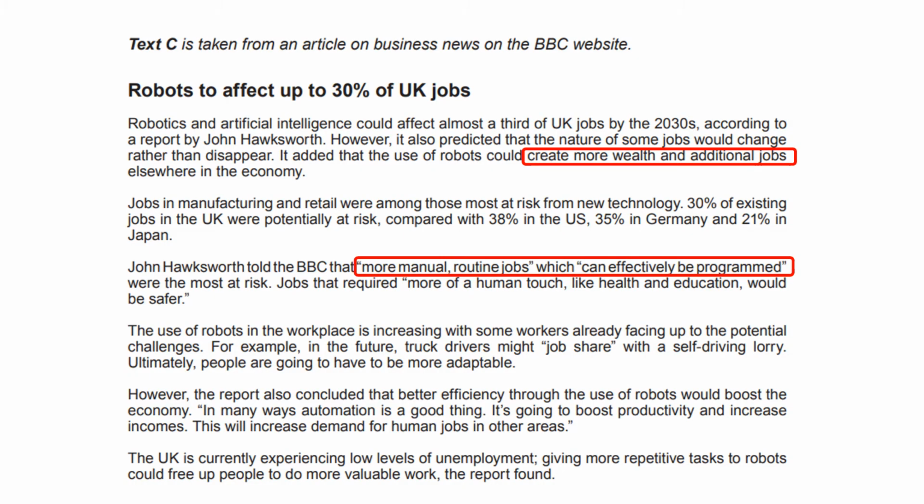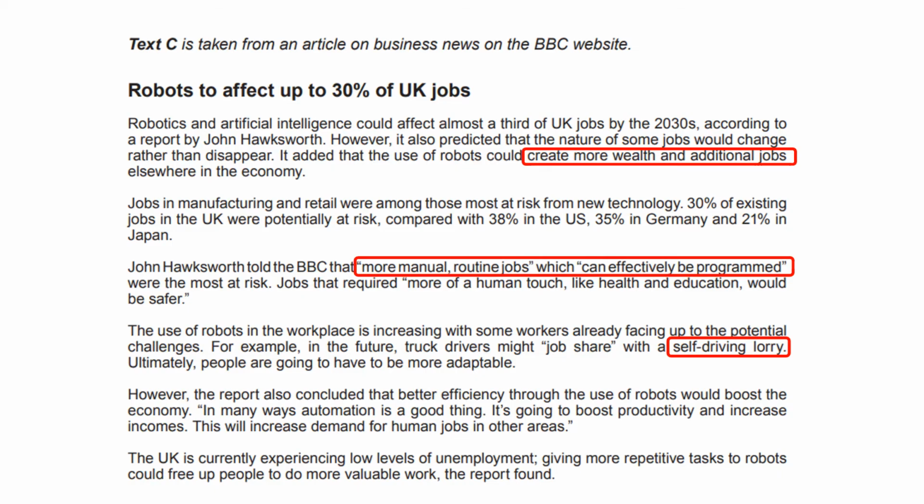They can replace more manual, routine jobs. The use of robots in the workplace is increasing, with some workers already facing up to the potential challenges. For example, in the future, truck drivers might job share with a self-driving lorry. Ultimately, people are going to have to be more adaptable. Robots can be used for self-driving lorries.